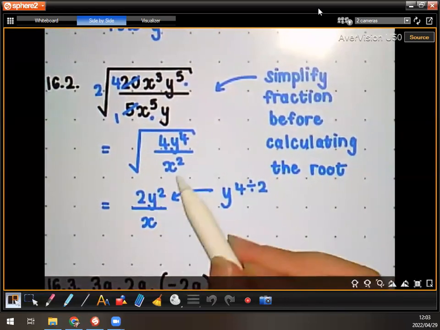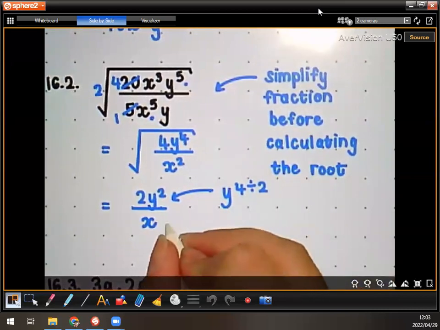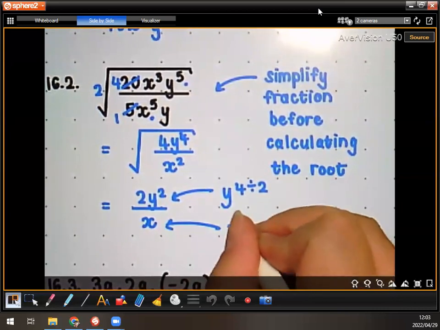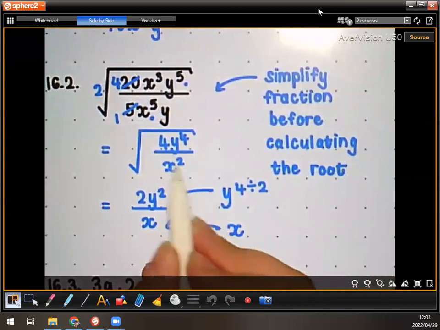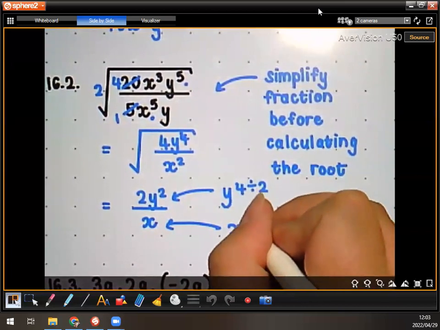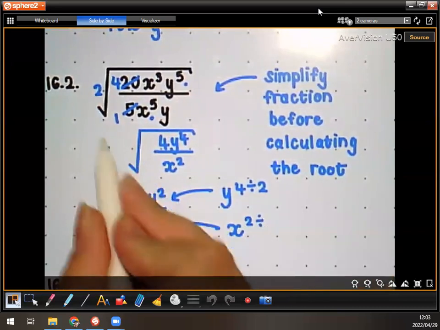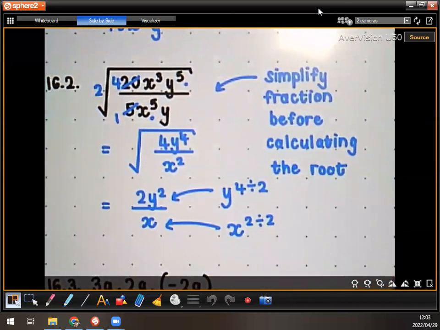That's how I got y squared. And for this one, for the x, the exponent inside the root is 2. So we divide that by the number in front, which is a 2 as well. Okay, but you don't have to show that, like I said in class yesterday. You can just kind of do that in your head. That's everything. Yeah, we find that one.